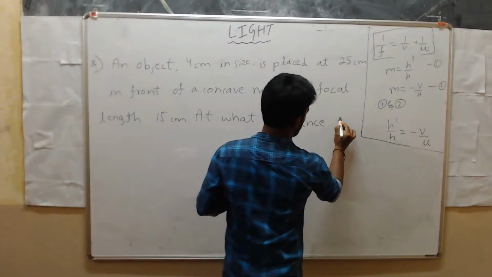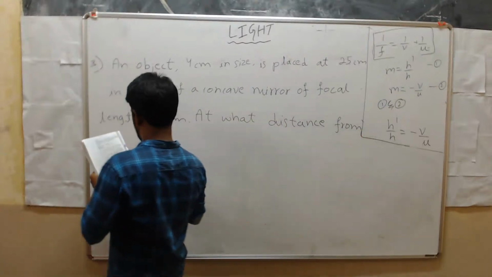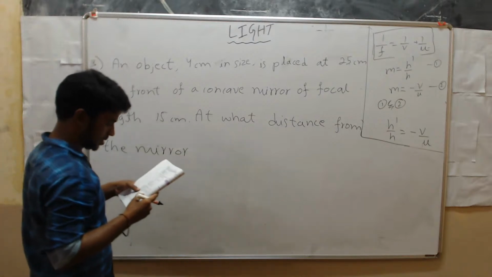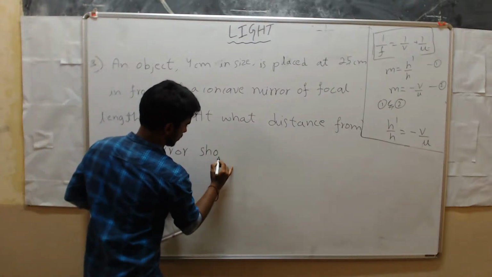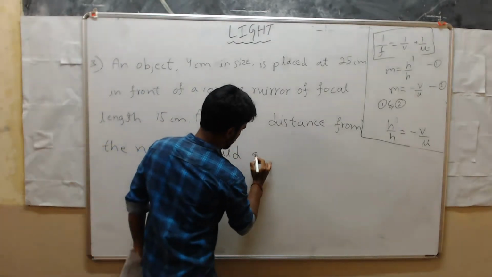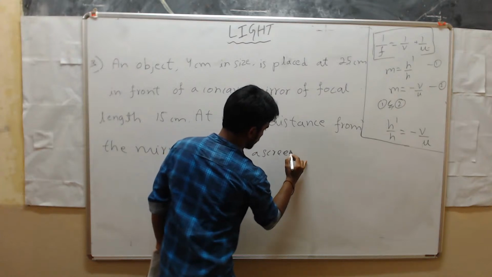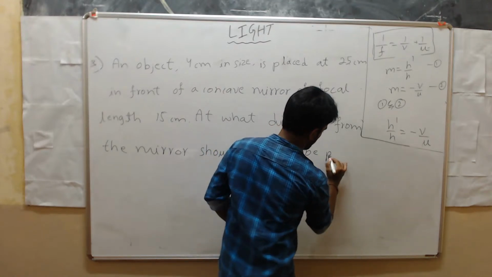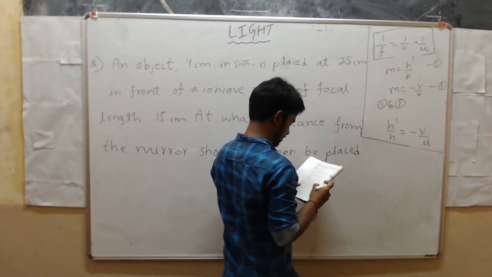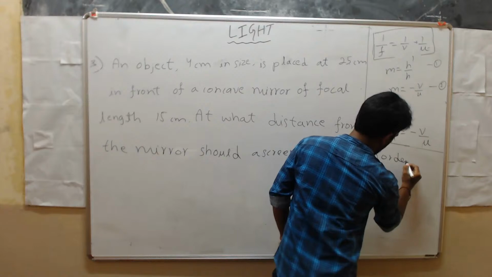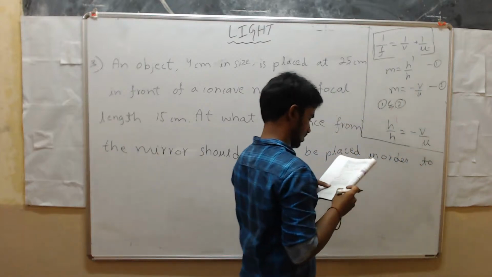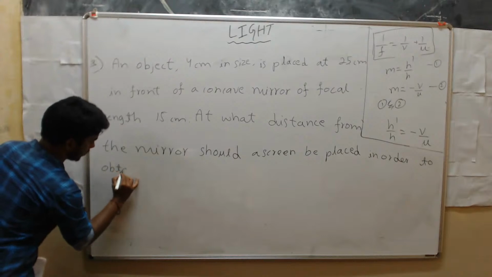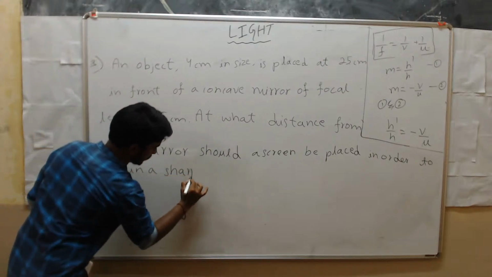At what distance from the mirror should a screen be placed in order to obtain a sharp image?